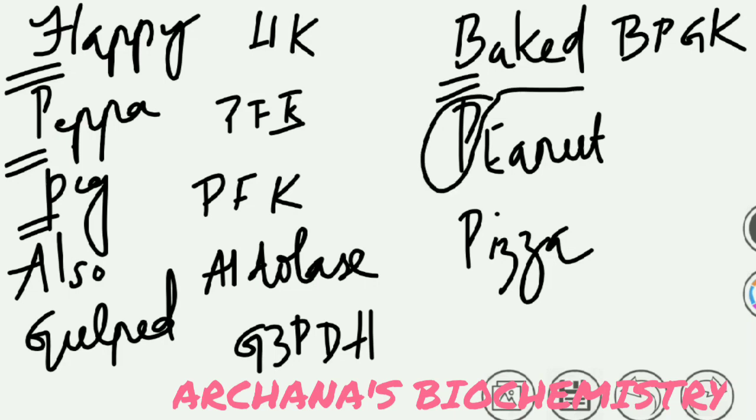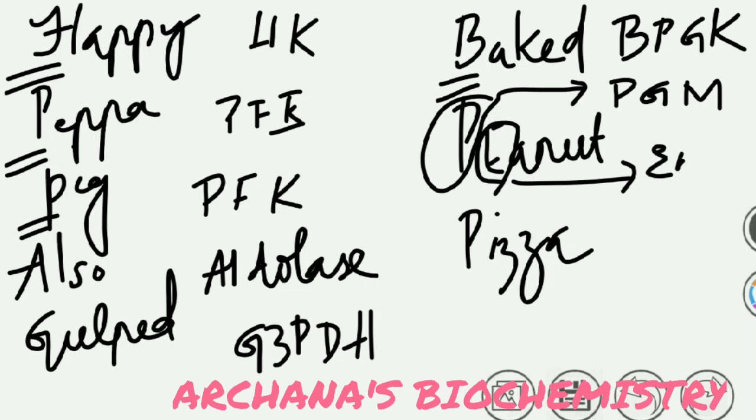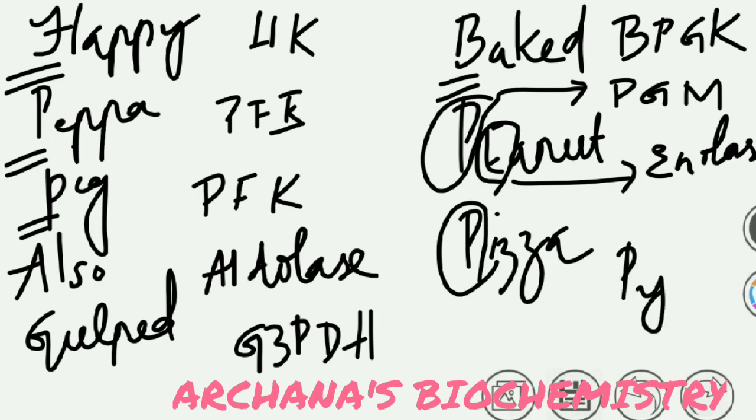This P stands for phosphoglyceromutase. This E stands for enolase. And this P stands for pyruvate kinase. So Happy Peppa Pig also gulped baked peanut pizza. This is your mnemonic to remember the enzymes. This mnemonic can be used during your revision, last minute revision. Okay.